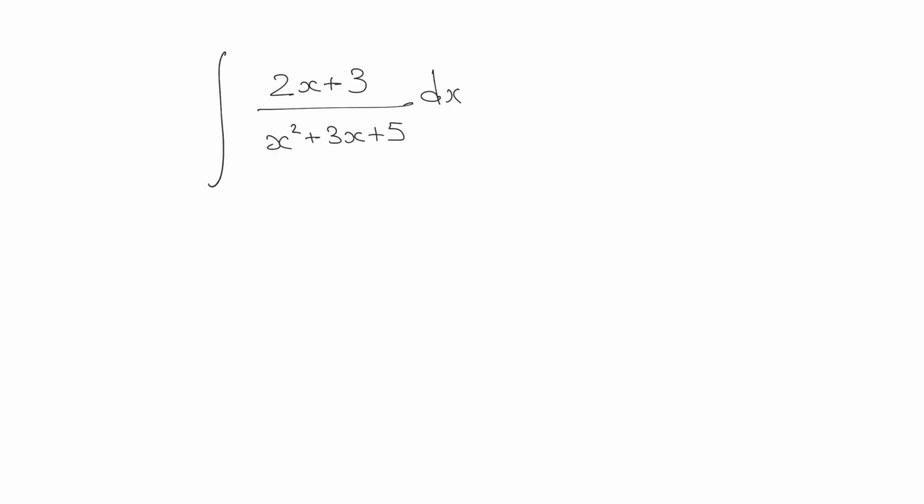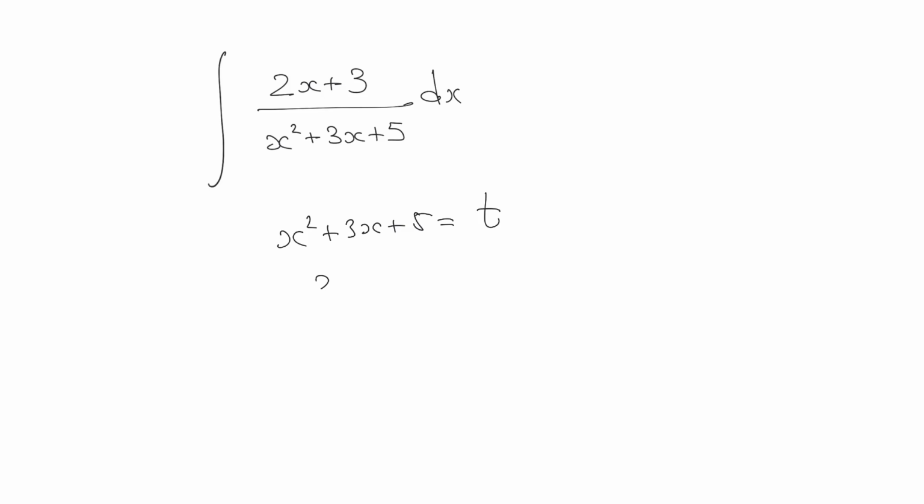We'll take one more example. It is given: integration of 2x plus 3 divided by x square plus 3x plus 5 into dx. Over here, we can observe that if I differentiate this term, x square plus 3x plus 5, I'll get 2x plus 3. So our correct substitution is to take x square plus 3x plus 5 equal to t.